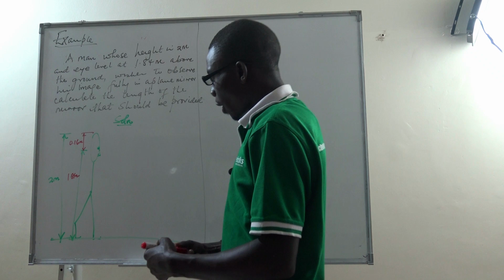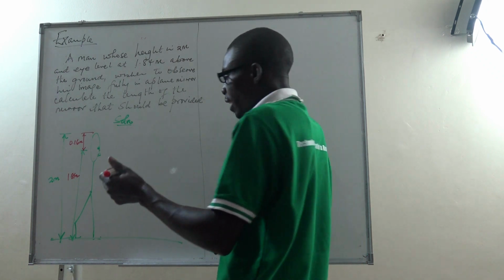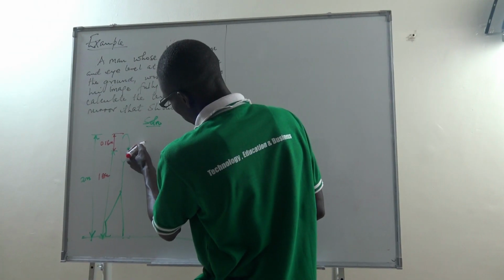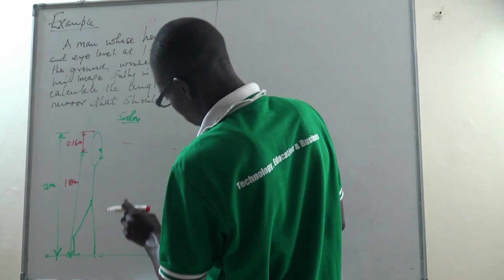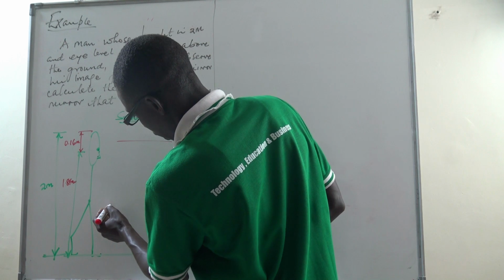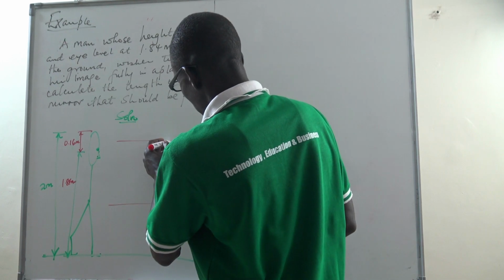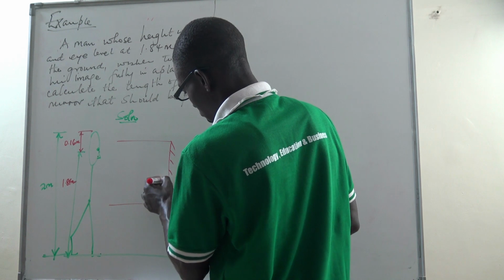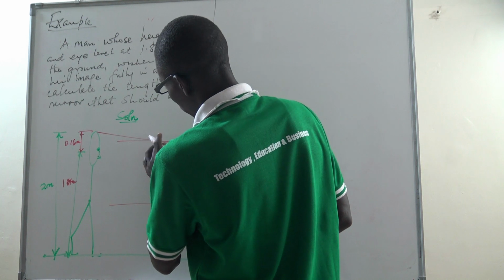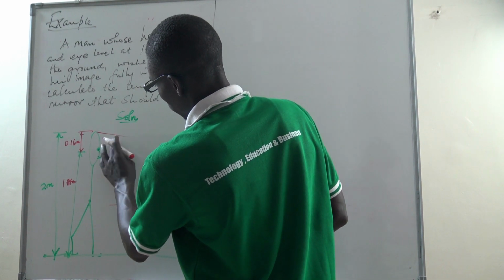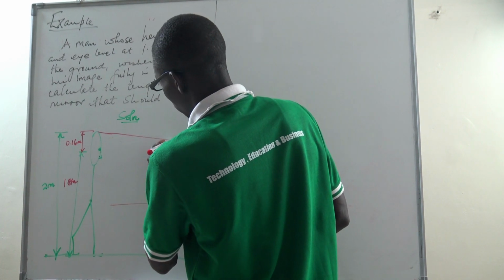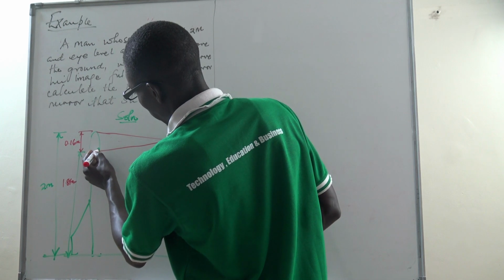Is that okay? So now if I have that, let's look at the reflection: how does the ray of light actually reach this guy here? If I have this, I can have this, and then I can have this. The light rays will come here and then be reflected into his eyes here.